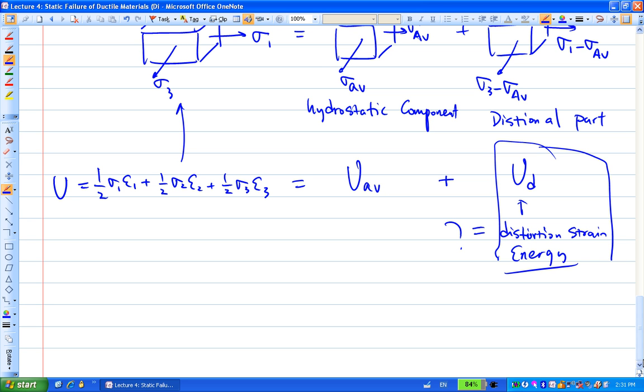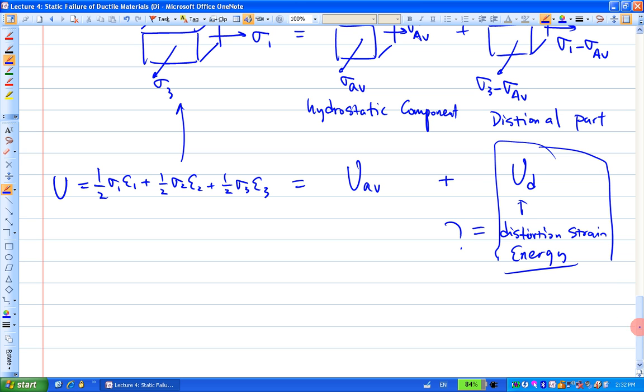I'm going to skip a few steps as to how this is derived, but the process is you find UAV first, then subtract it from U, and you get UD. That's the process illustrated in the lecture notes.